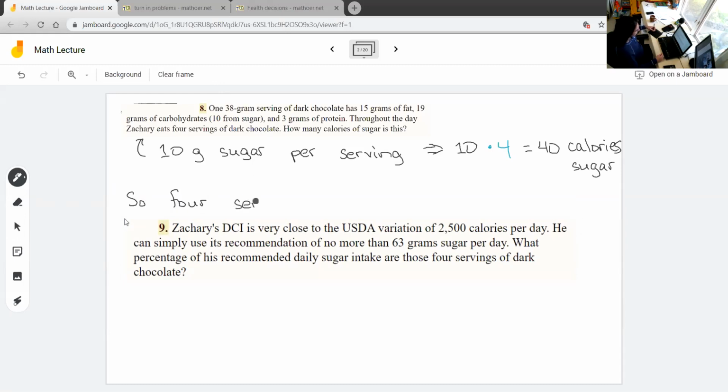So if each serving is 40, 4 is 4 times that, and we get 160.